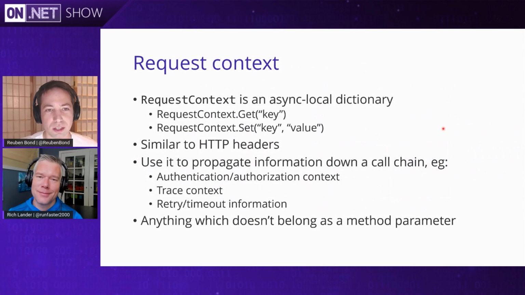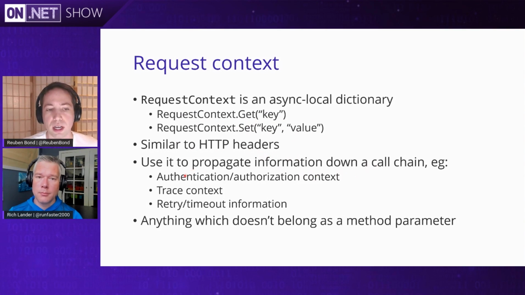The next thing we need to look at is the request context. So how do we actually propagate this information across the call chain? The call filters are going to use this async local dictionary that we have here called request context, and it just has two useful methods. You can get a key or set a key. So you can think of it like HTTP headers you can set on any call, except in this case, they get propagated all the way down the call chain.